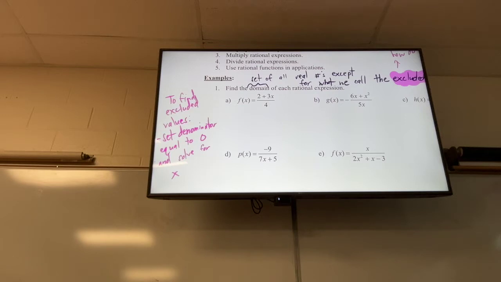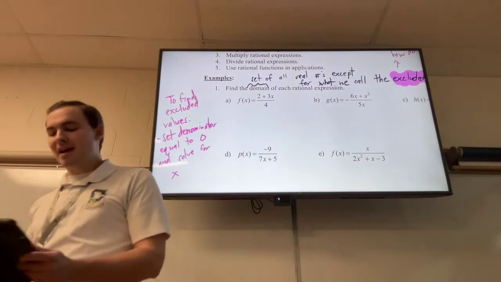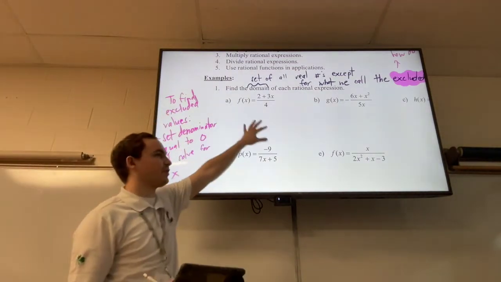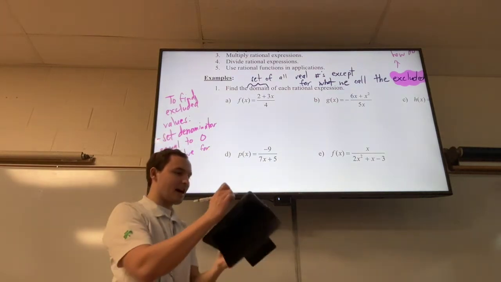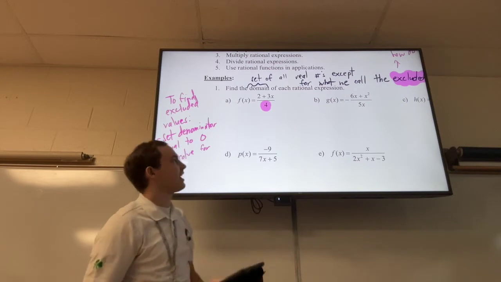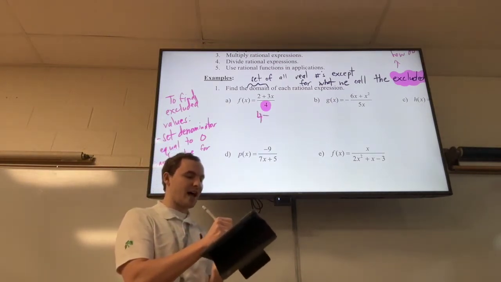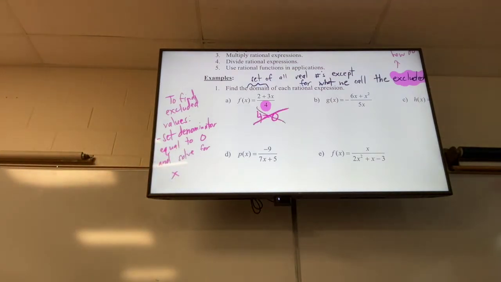So when we're finding the domain, let's look at part A. It's going to be all reals except for the excluded values we find. I'm going to highlight the denominator here. We're going to set that equal to 0 and solve for x. So 4 equals 0. That has no solutions, right? So there are no excluded values.